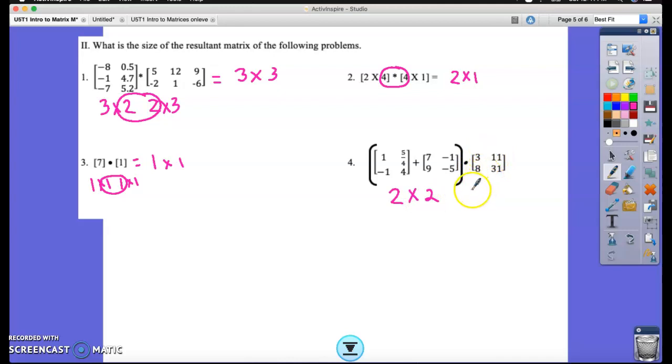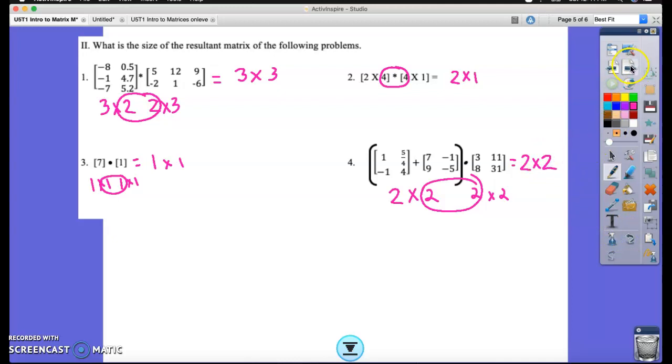And this guy here is 2 by 2. If I multiply this guy times this guy here, they're compatible, and my final answer will be a 2 by 2. I don't know why I wrote 3. It's one of those days.